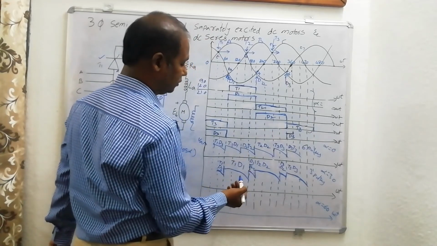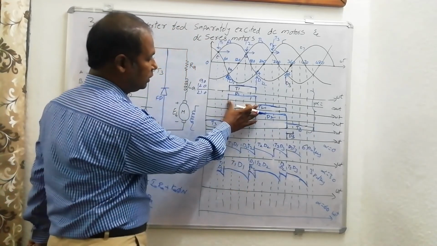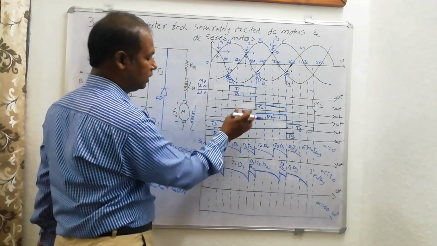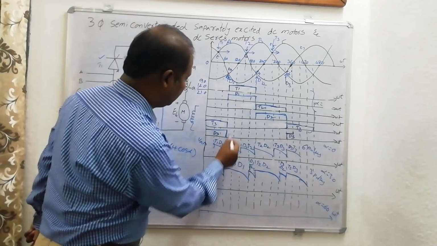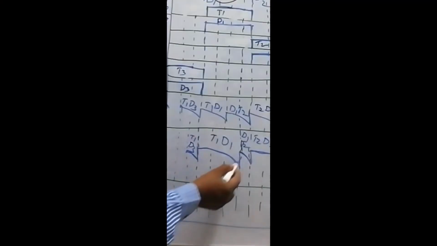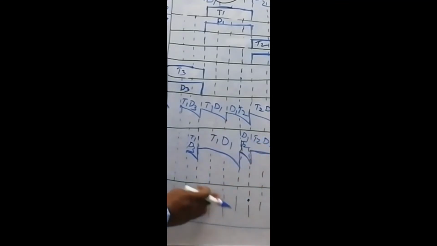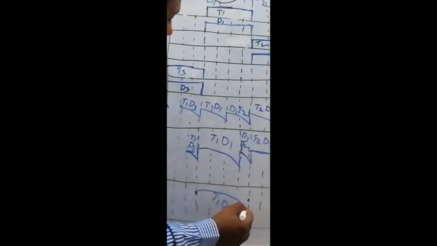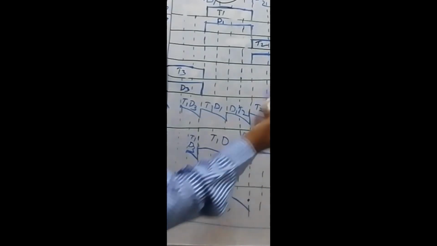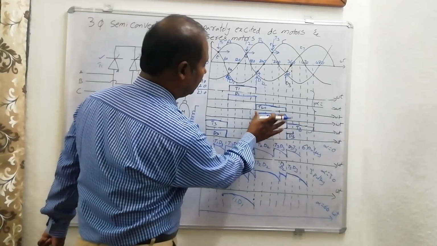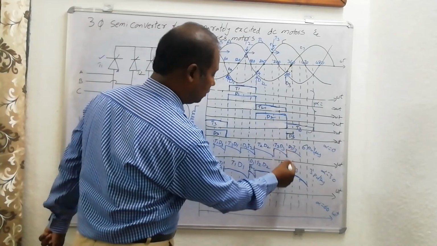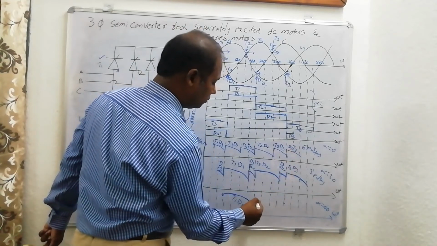Now draw the waveforms. During this period, T1 and D1 conduct, from this point to this point. So T1 and D1 conduct like this. The output voltage waveform is equal to the input voltage. Similarly, T2, D2.